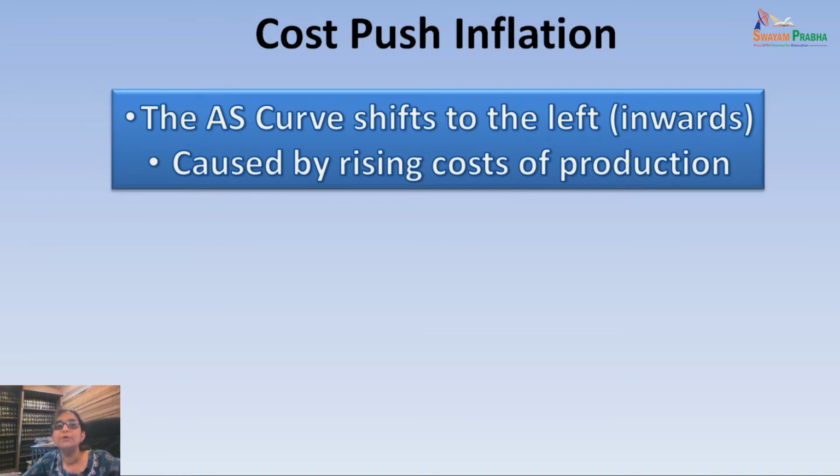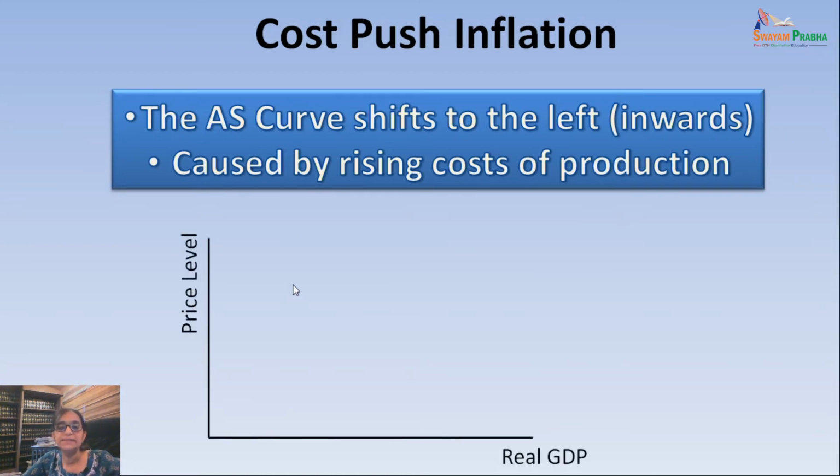So, when we are talking about cost push inflation, what we are saying is that the aggregate supply curve shifts to the left or inward. Why does it shift inwards? It shifts inwards because there is a rise in the cost of production.